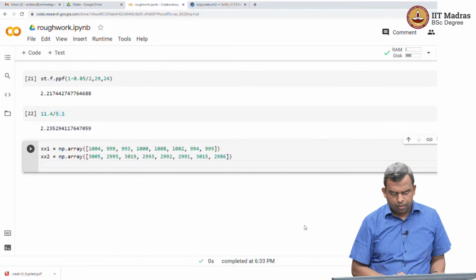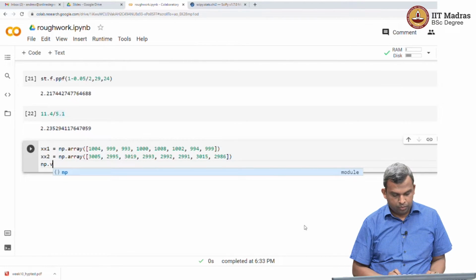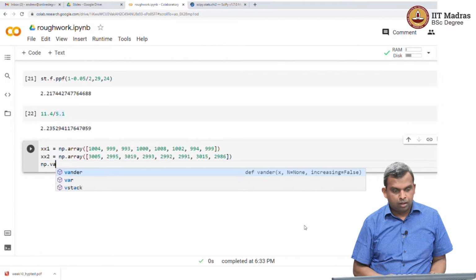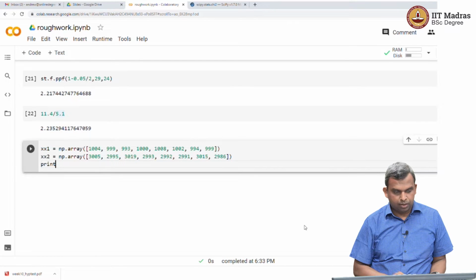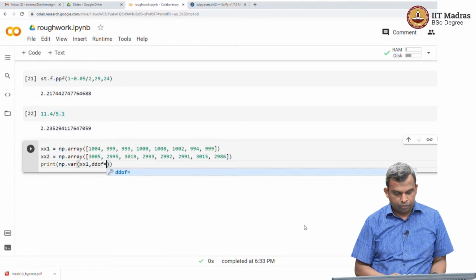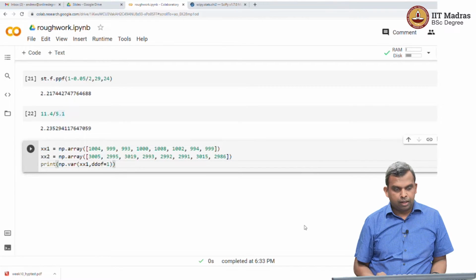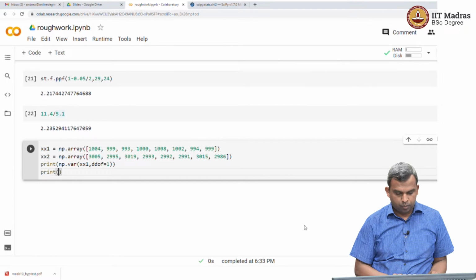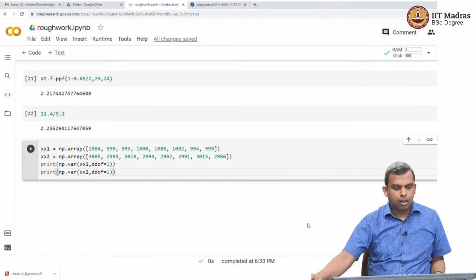Now I'm going to find the variance. So np.var of xx1, comma, don't forget the ddof equals 1, and print np.var of xx2, comma, ddof equals 1. Okay, there you go.